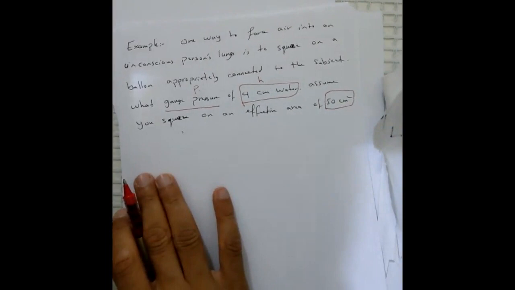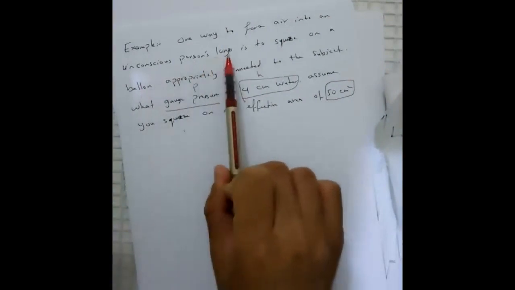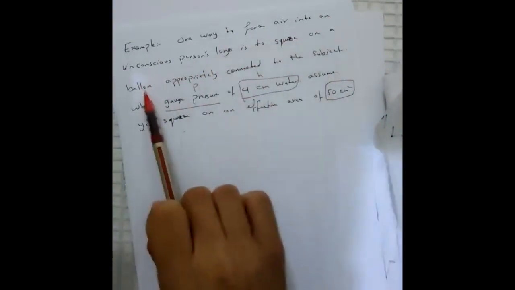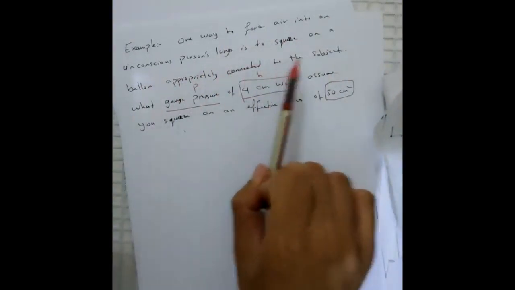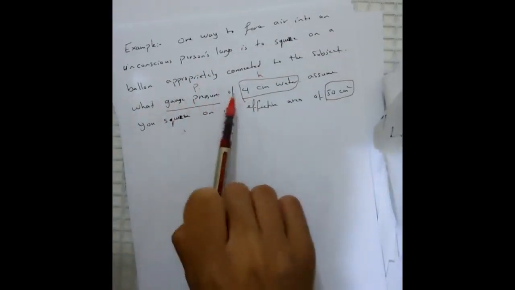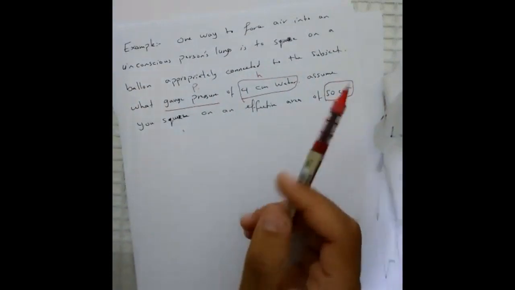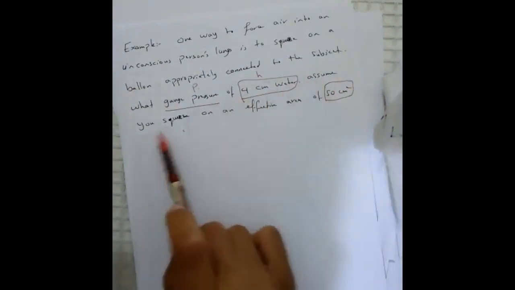Now again, one way to force air into an unconscious person's lungs is to squeeze on the balloon appropriately connected to the subject. What is the gauge pressure of 4 centimeter water? Assume you're squeezing on the effective area equal to 50 centimeters square.